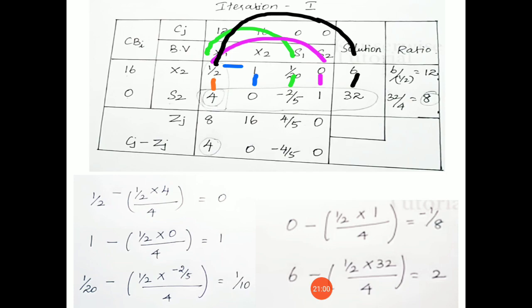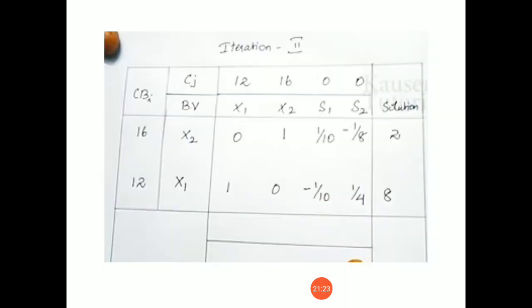So the old value is 1 minus corresponding key column value 1 by 2 into corresponding key row value 0 divided by key element 4. So 1 minus 1 by 2 into 0 divided by 4 is equal to 1. Similarly, I have written 1 as the second element of x2 row.